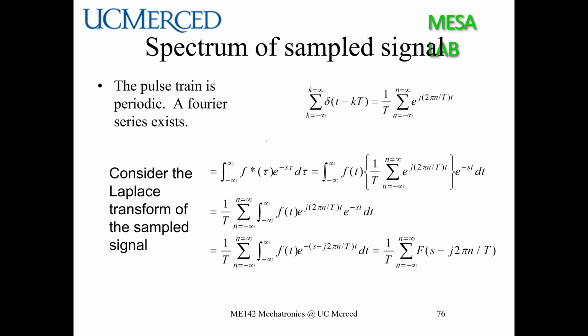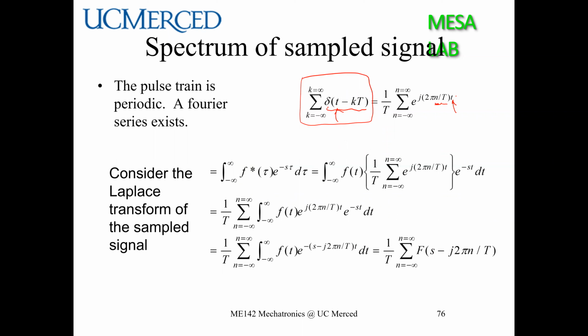So I have a pulse train. This is my pulse train. For delta, what is delta's Fourier transformation series? According to the definition, it is like this, with 2 pi n divided by T, and e to the j omega t. So T is here, T is here.